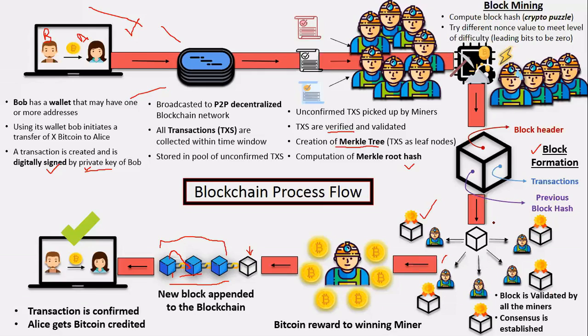Every other miner in the network then validates that block, and if everyone gives their consensus and the consensus is established, the winning miner gets the reward, and the block is appended to the blockchain, and both the parties get confirmation, right? Now here you see there is no intermediary, there are no payment gateways. The transaction directly happens between Bob and Alice, right?